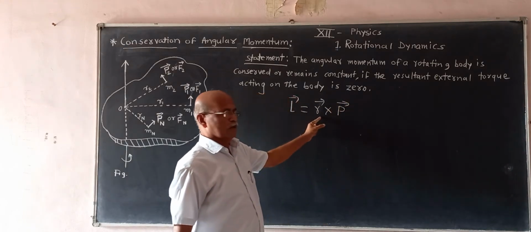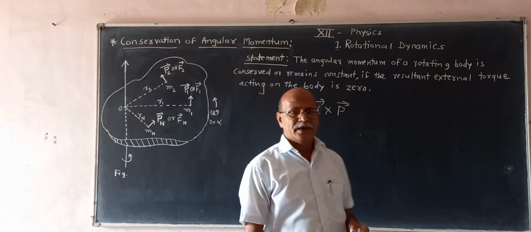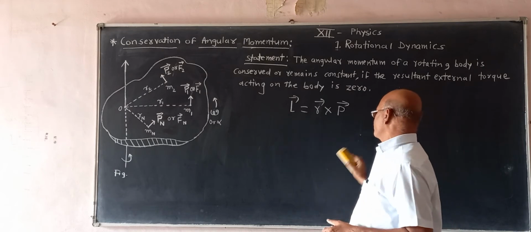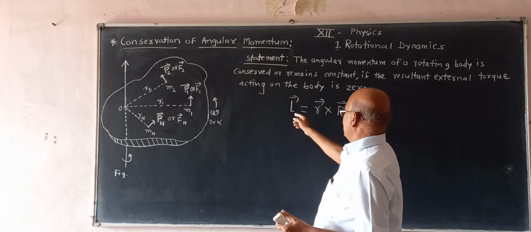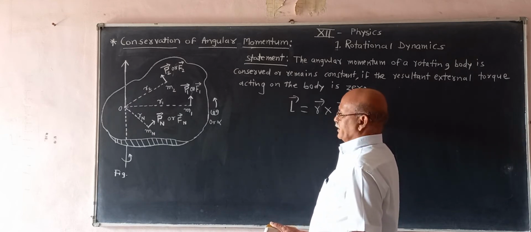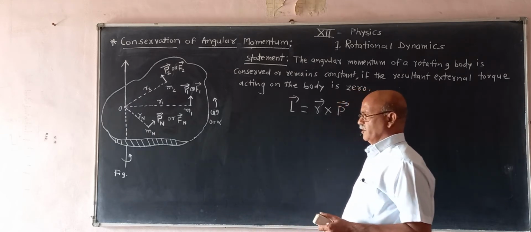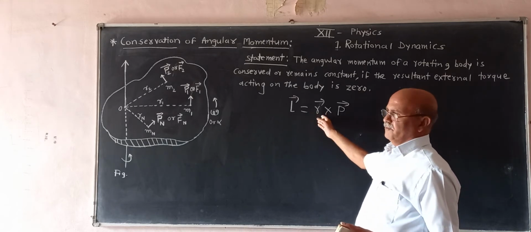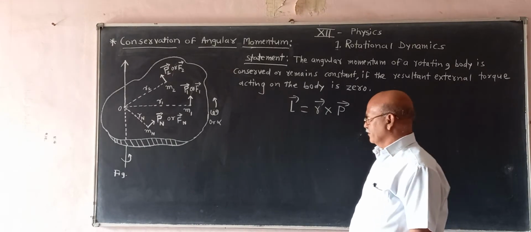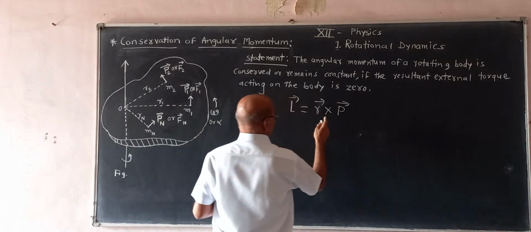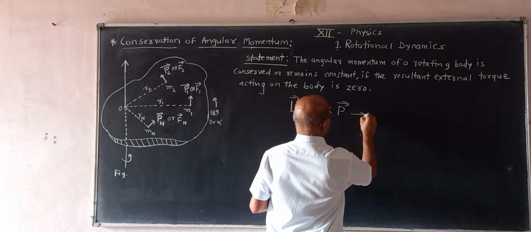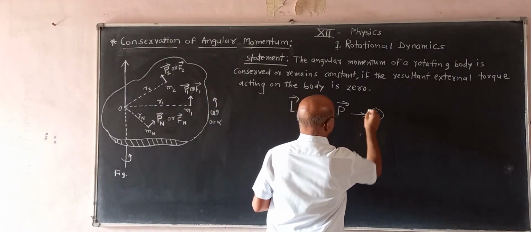Here L is the angular momentum of the body, vector p is the linear momentum of the body, and vector r is the position vector. Now vector L equal to vector r cross p. Suppose this is equation number 1.